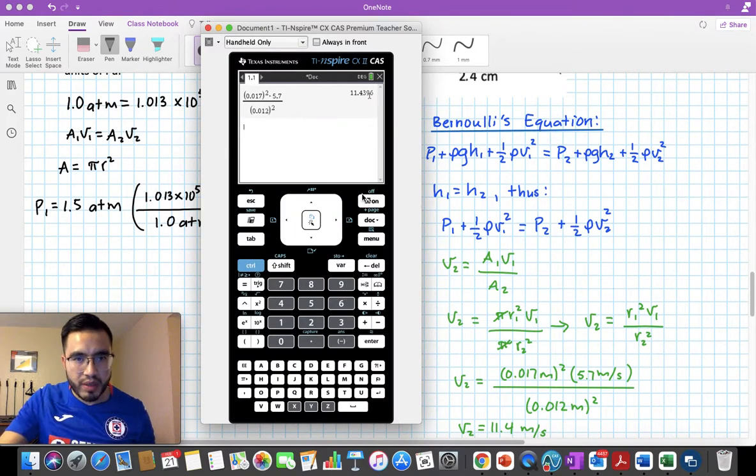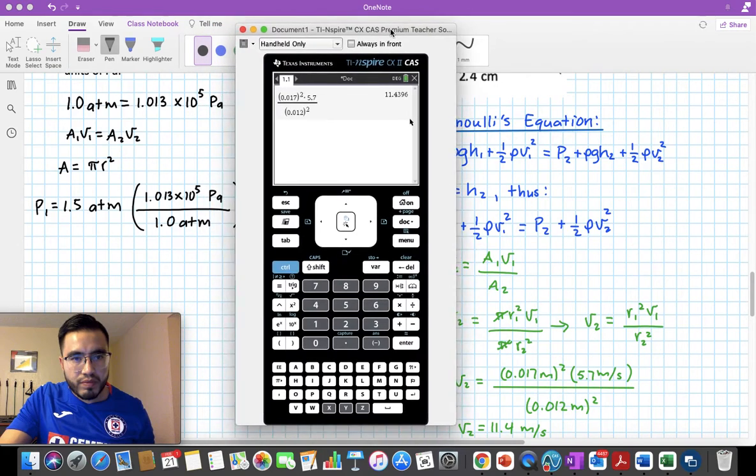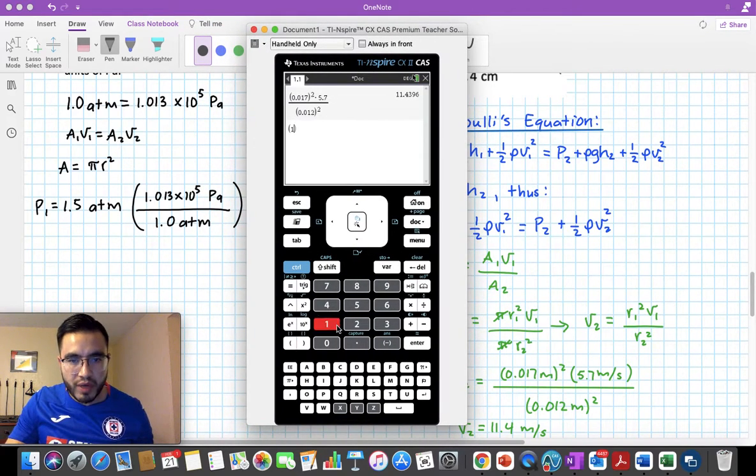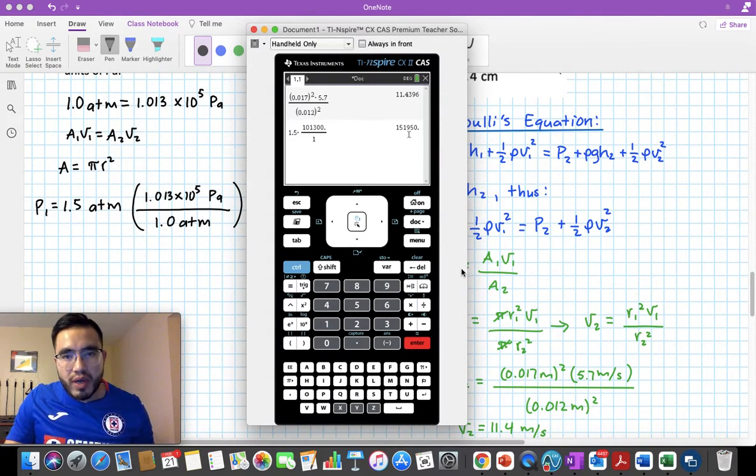Keep clicking the wrong one, guys. So 1.5 times parentheses 1.013 e function, because that's times 10 to some power, to the 5th power, close parentheses, divided by 1. So that'll be 151,950 pascals.